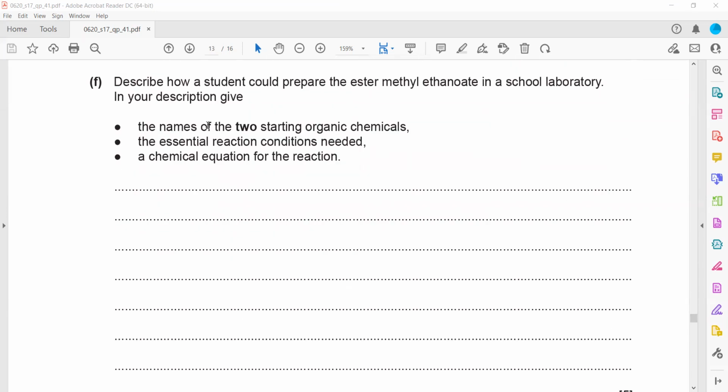Then describe how a student could prepare the ester methyl ethanoate. The first name of the ester comes from the alcohol and the second name is from the carboxylic acid. So which alcohol do we need? We need methanol and we need ethanoic acid.